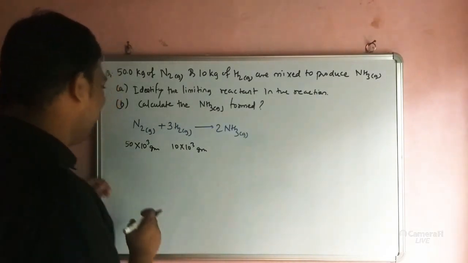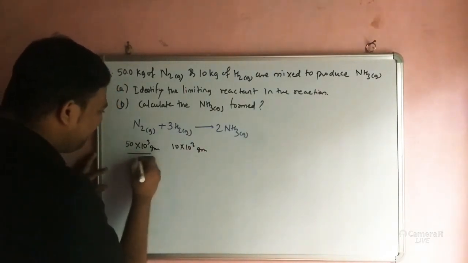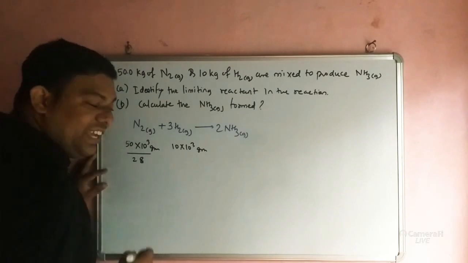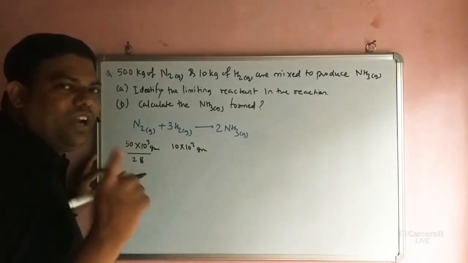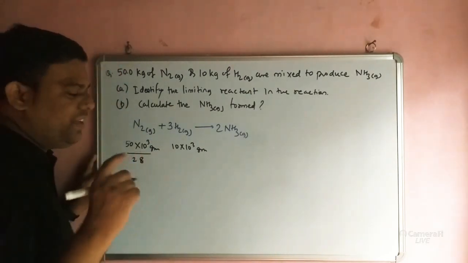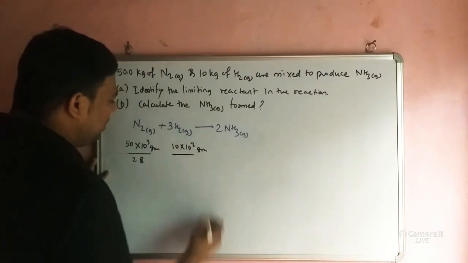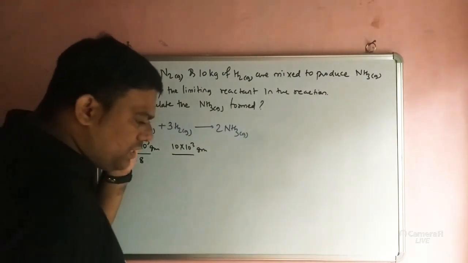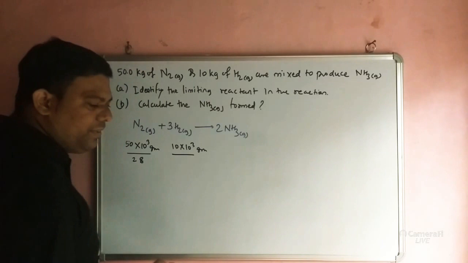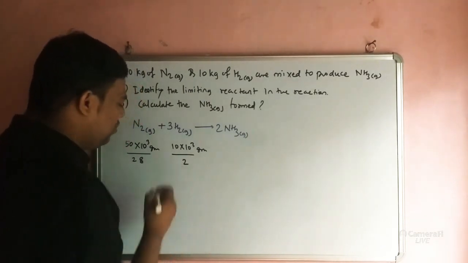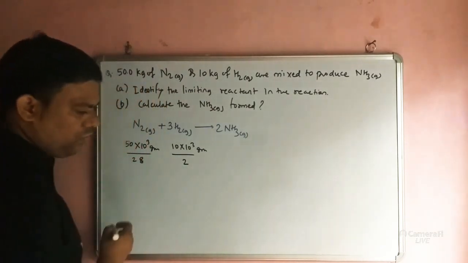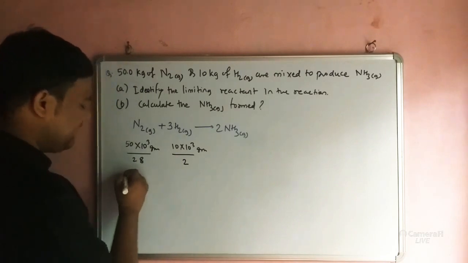Here, N2 is how much? Yes, 28, since one nitrogen is 14 and two nitrogens make 28. And H2, beta, how much? One H2 is 2 gram.